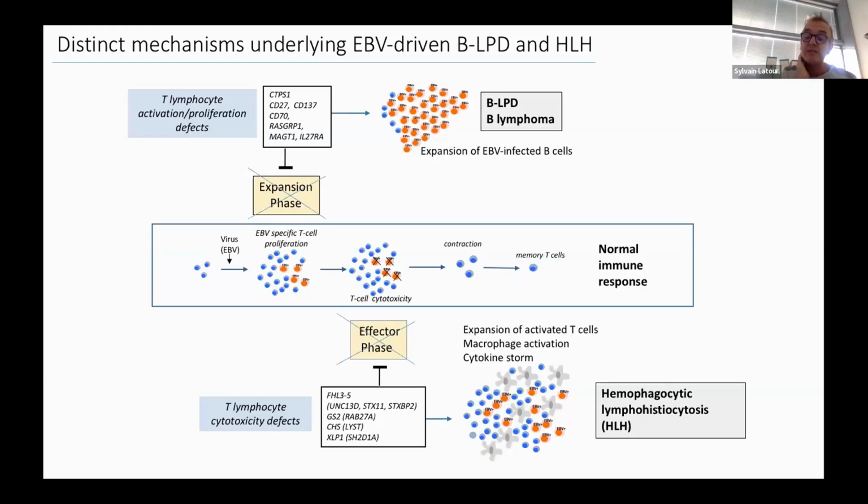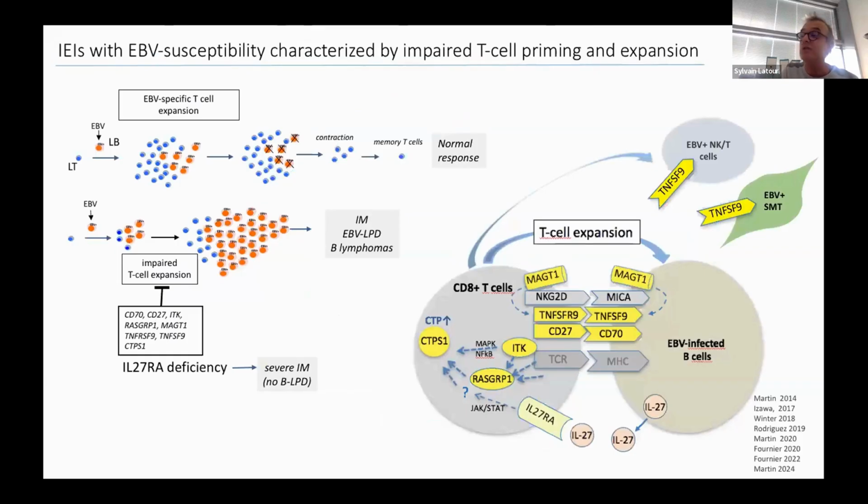So over the last 10 years, my lab has been particularly involved in the identification and characterization of gene defects associated with impaired expansion of EBV-specific T cells. We and other labs have provided several lines of evidence that these genes form a functional cluster that is key for the expansion of EBV-specific T cells.